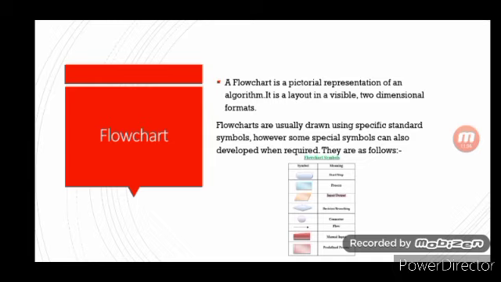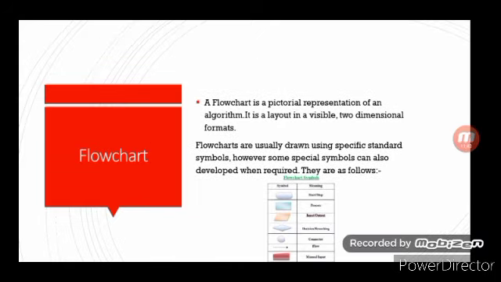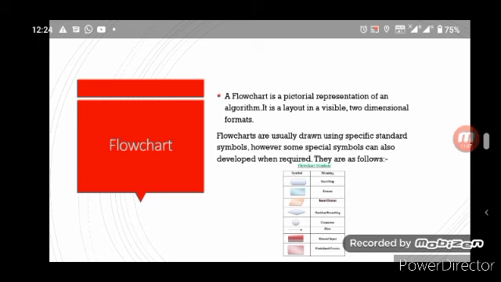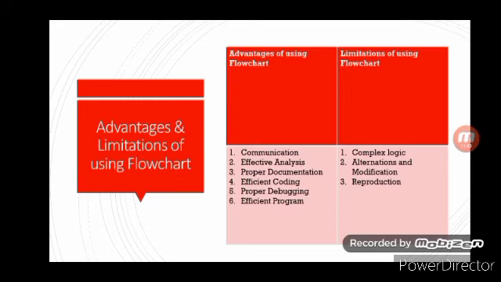Okay, now come to another part, that is advantages and limitations of using flowchart. There are some advantages and limitations of flowchart. The advantages are communication. We can communicate with each other by using flowchart in a very easy way.